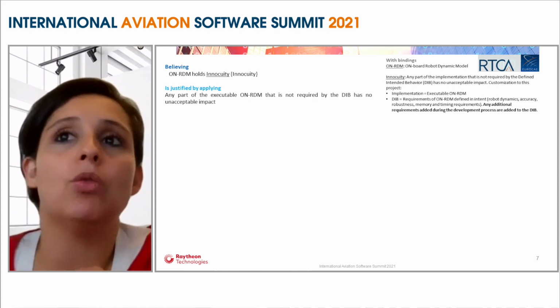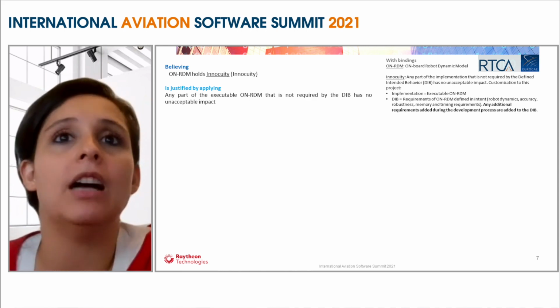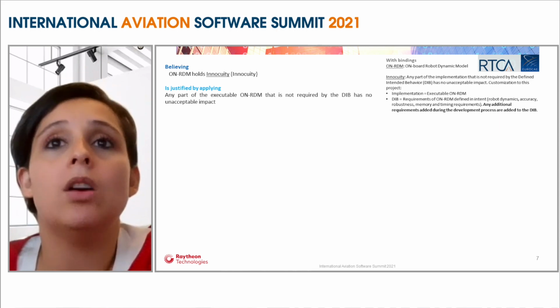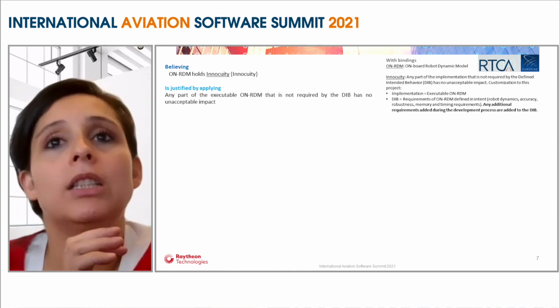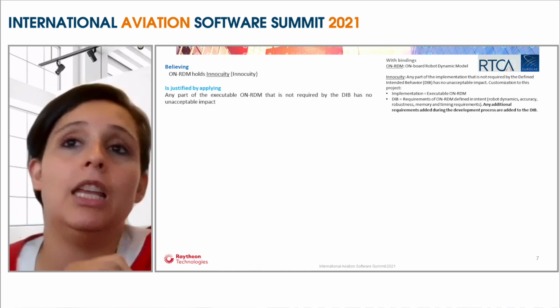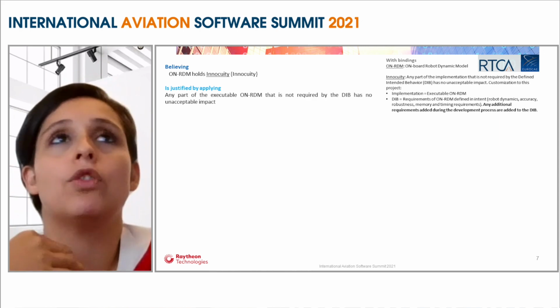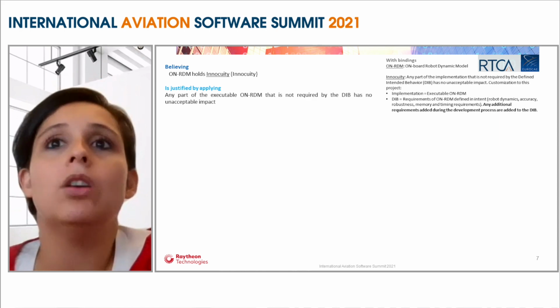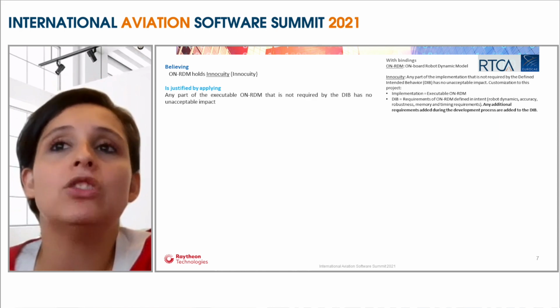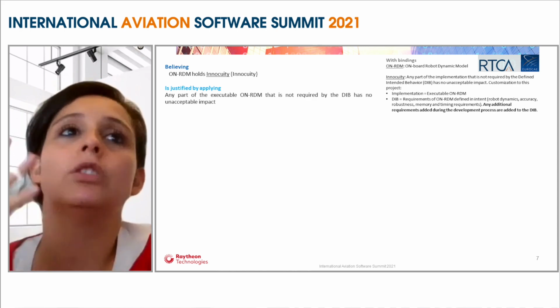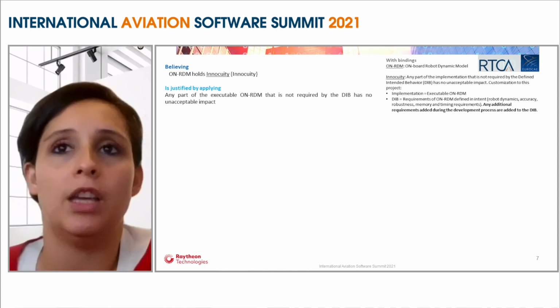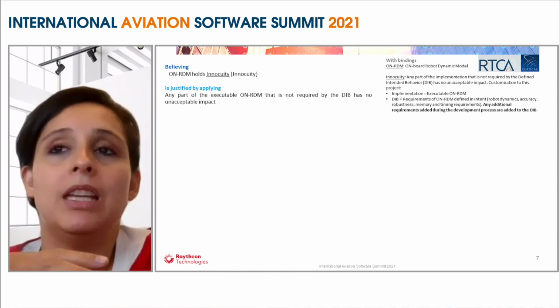So that is the reason why we don't address them here in Innocuity. Another thing I want to mention is that the thought process in Innocuity is very different from the thought process you use for intent and correctness. In Innocuity, you actually need to think about all the possible causes of additional behaviors in the implementation.